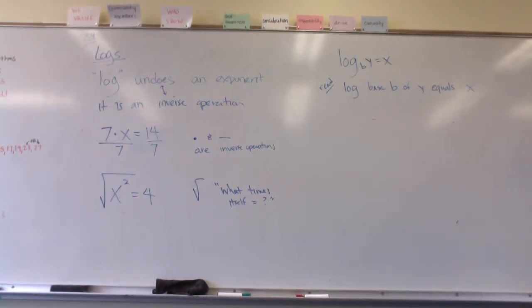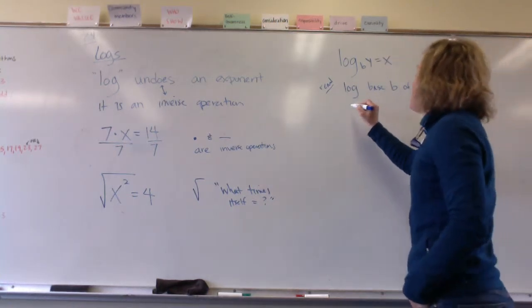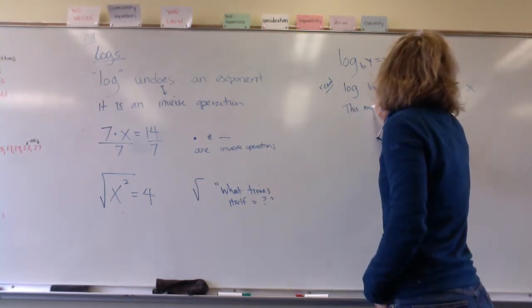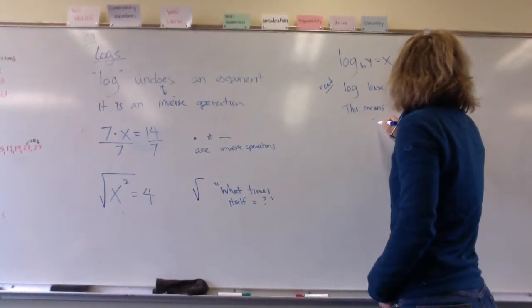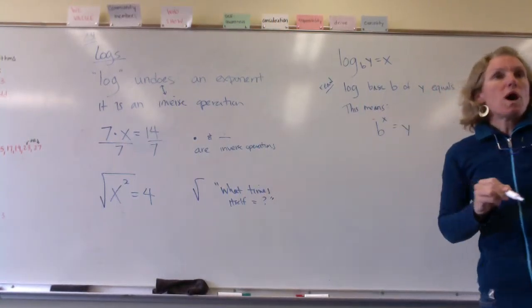So here is the most fundamental thing that you should be able to do, and that is to rewrite this expression. So this means b to the x equals y.